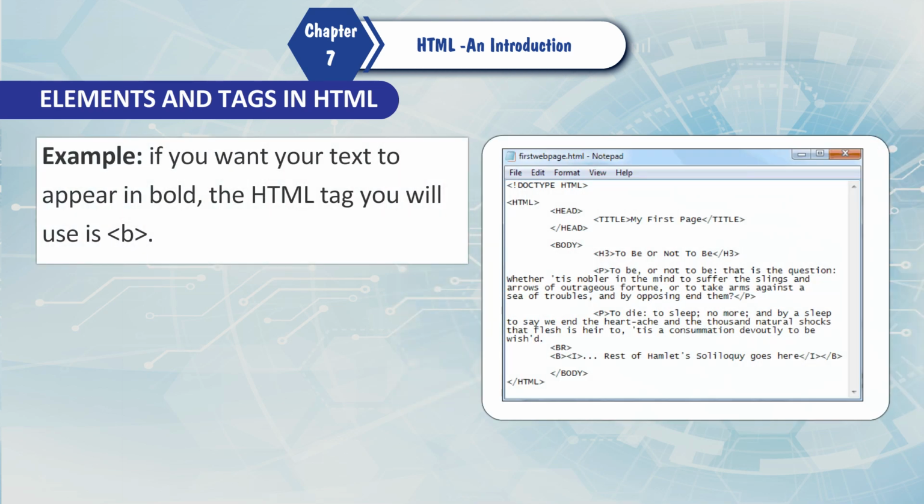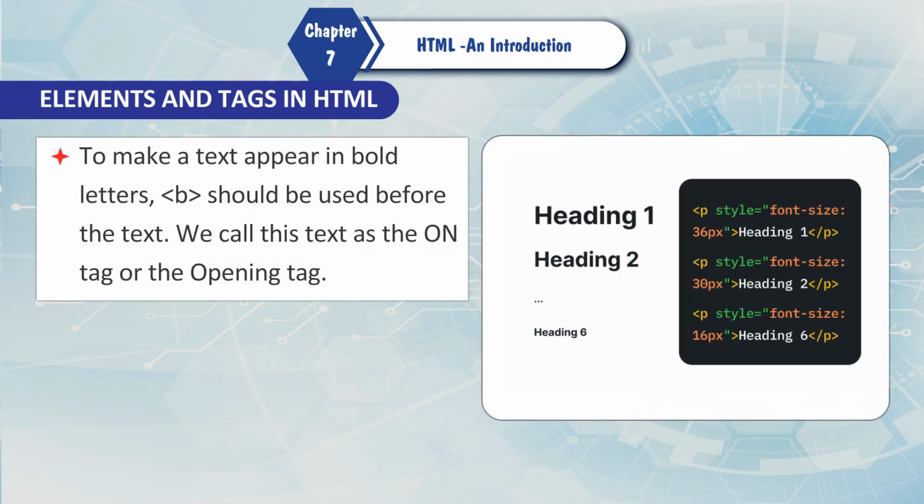Example: if you want your text to appear in bold, the HTML tag you will use is <b>. To make a text appear in bold letters, <b> should be used before the text. We will call this the on tag or the opening tag.